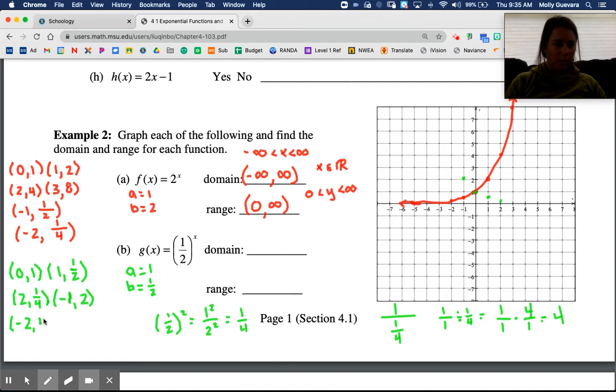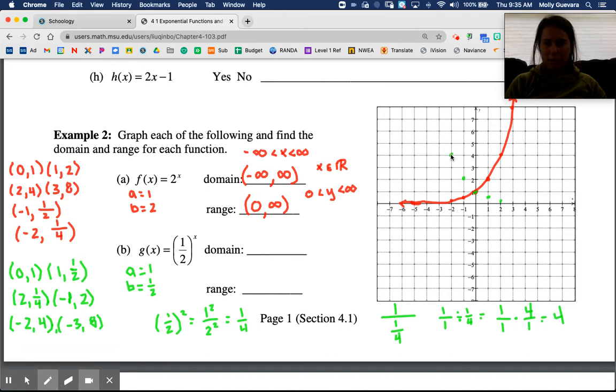So it's -2 comma 4. And I could keep going. -3 would be 1 over b to the third, which gives me 8. So it's really just the same points up here, just flipped over the y-axis.